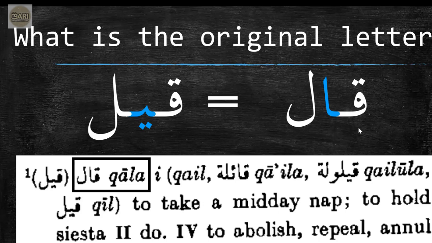We said because these weak letters are often interchangeable. When you see aleph in a word, it's either going to be extra, as we've seen with the fa'il form, or it's going to be representative of another letter. Okay, so if it's representative of another letter, it'll generally be representative of a wow or a ya. How will you know that? You'll have to look it up in the dictionary.